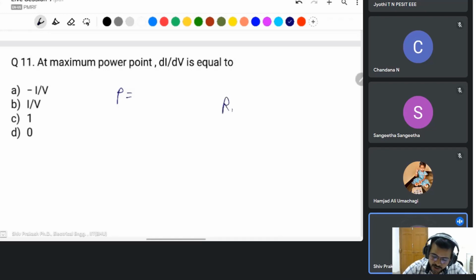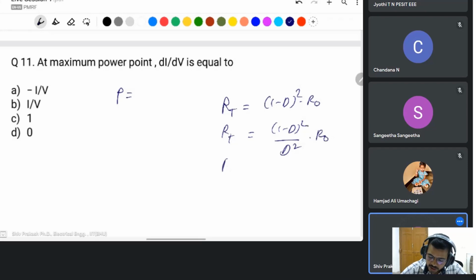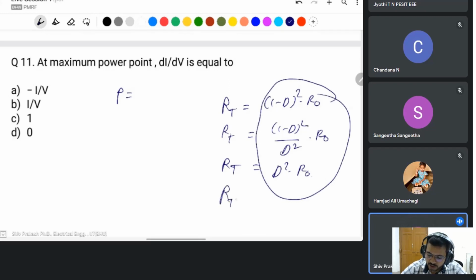Like Rt is equal to something 1 by d square into R naught, and somewhere it will be 1 minus d square divided by d square into R naught. R is equal to d square by R naught, like that. Then this will be a function of R naught and the duty cycle. Don't be confused with the frequency.